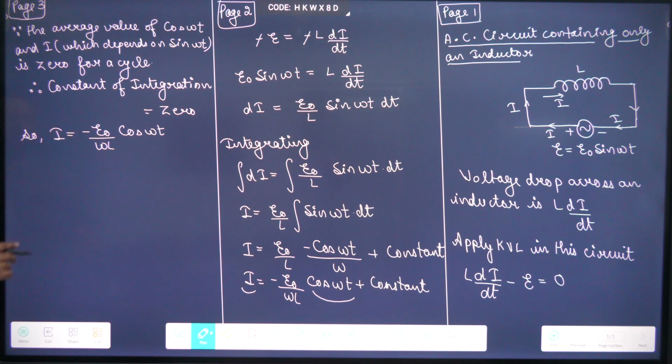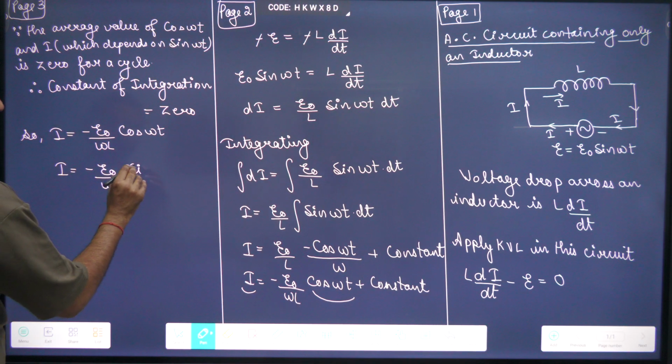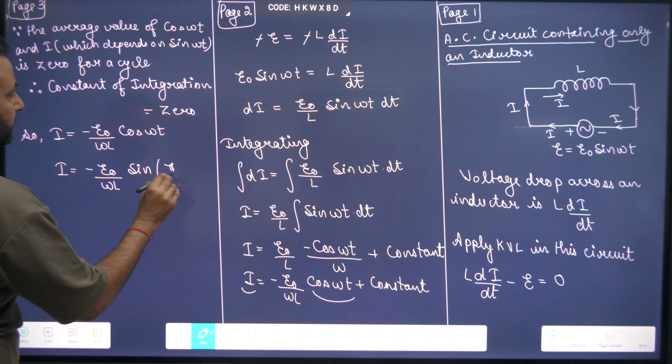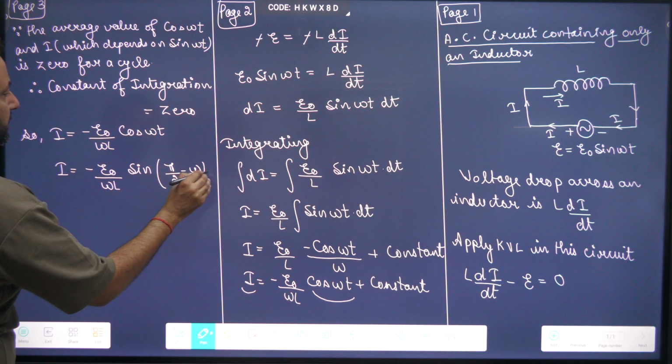Okay, and we know that sine theta is equal to cos 90 minus theta, and cos theta is equal to sine 90 minus theta. So I is equal to minus E naught upon omega L sine 90 minus theta.